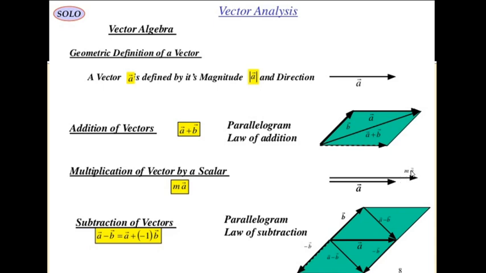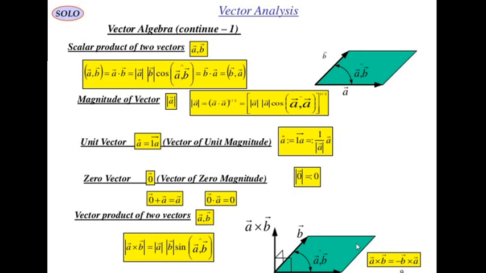It depends on the value of M. Subtraction is a phenomenon exactly similar to addition, because it is basically vector A plus minus vector B. So B is here and A is here, and from the head of B to the head of A becomes A minus B, or from the head of A to the head of B becomes B minus A. With the parallelogram you can understand the phenomenon very clearly.